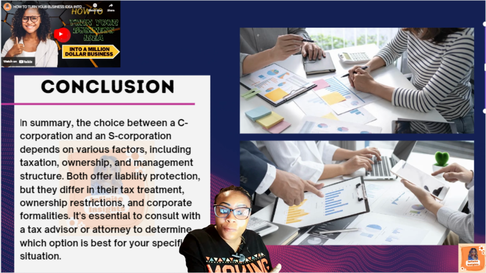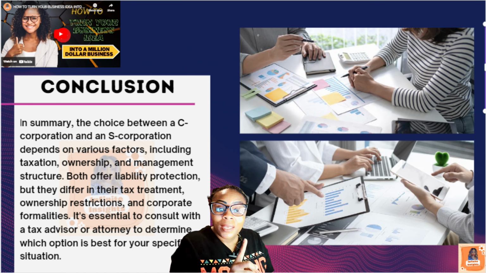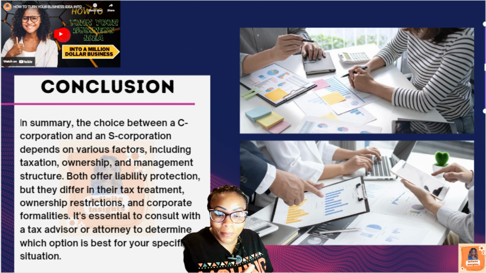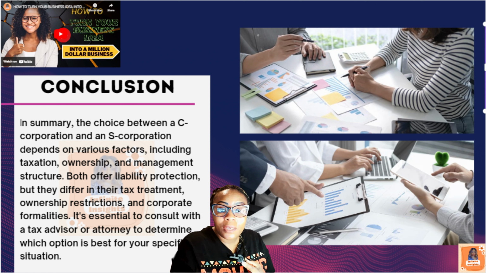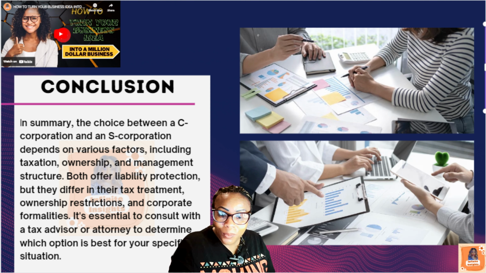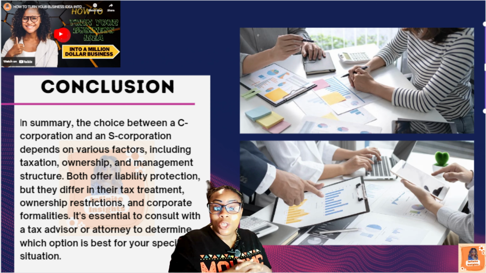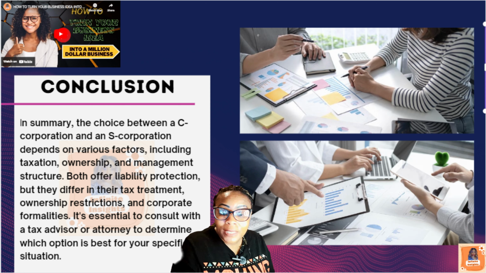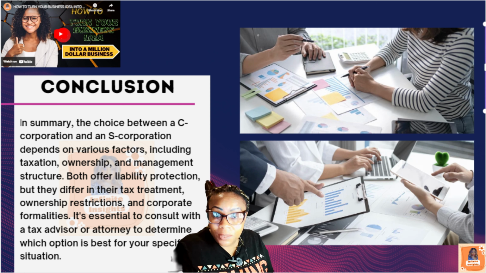Both corporations offer liability protection, but they differ in their tax treatment, ownership restrictions, and corporate formalities. It is very, very essential for you to consult with a tax advisor or a lawyer specialized in taxes to determine which option is best for your specific situation.